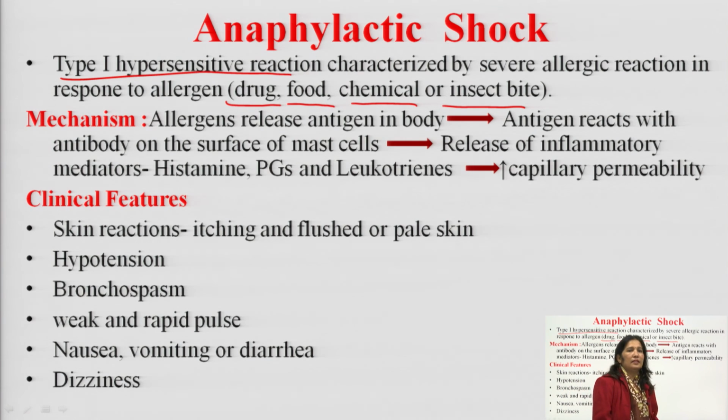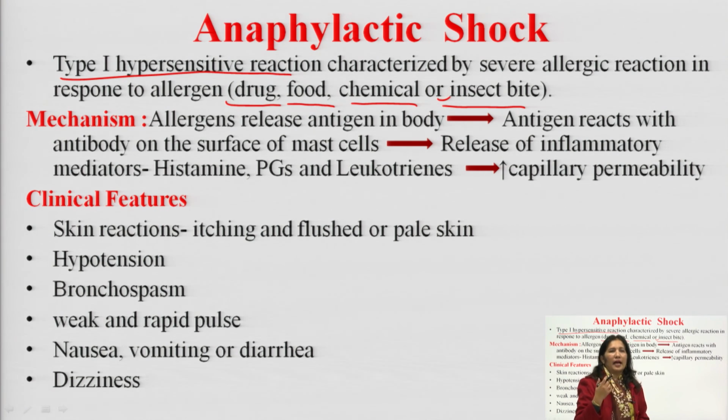A person's sensitivity to various allergens varies. So, it depends upon the hypersensitivity or immune response of the patient. So, whenever there is an insect bite or exposure to any drug or food or chemical, these allergens will release antigen in the body.